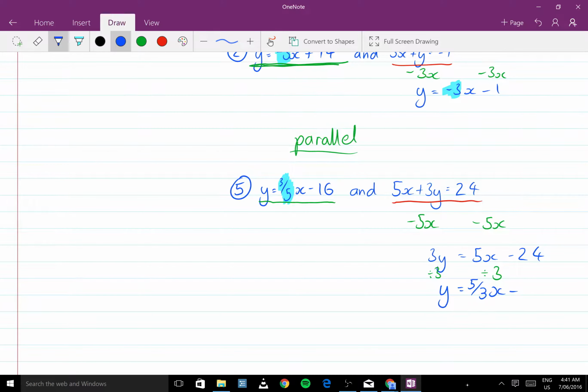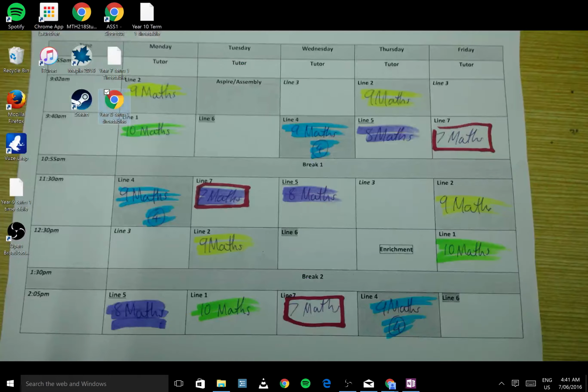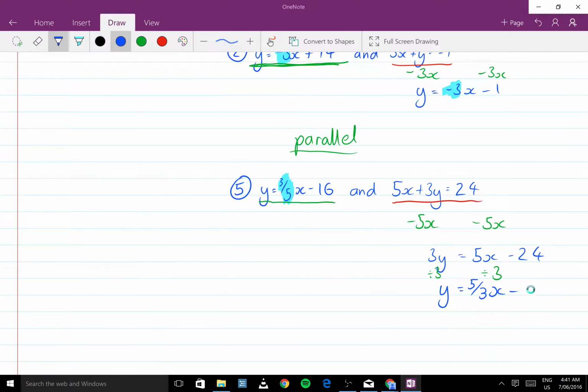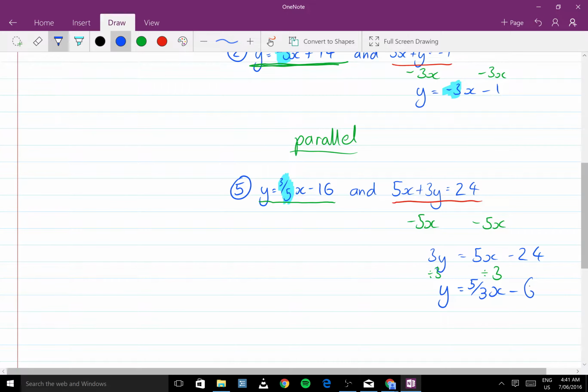So I've got to divide everything by 3 to keep it fair. So 24 divided by 3 is 8. Okay, so now I have them both in the same form. Except, that's why it didn't look right, because I've got to put the minus there. When I took away the 5x from both sides, I needed to have a minus, because I was taking away 5x from both sides, so it was minus on that side. Hopefully you noticed that mistake before I did.